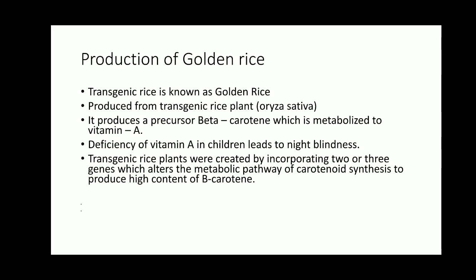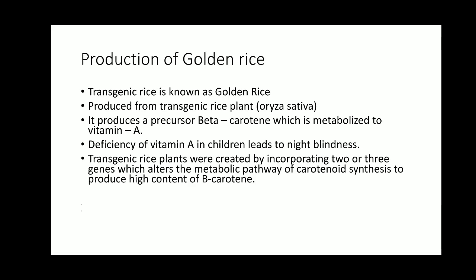This is the transgenic rice, which is known as golden rice. What happens in this transgenic rice? The transgenic rice, or the transgenic Oryza sativa, which is the scientific name of rice, produced is yellowish in color.